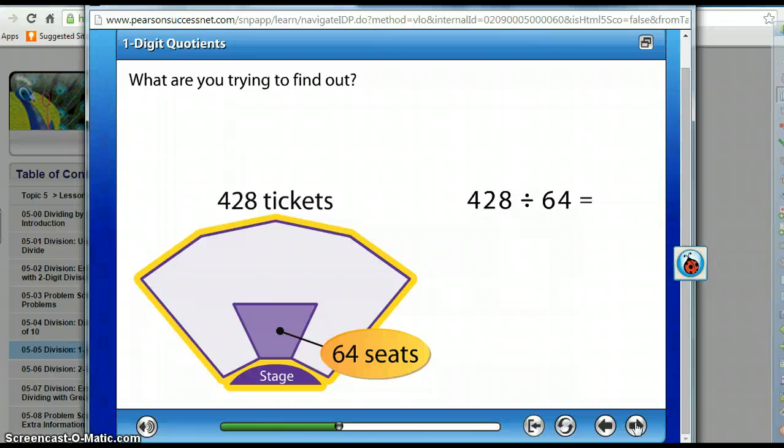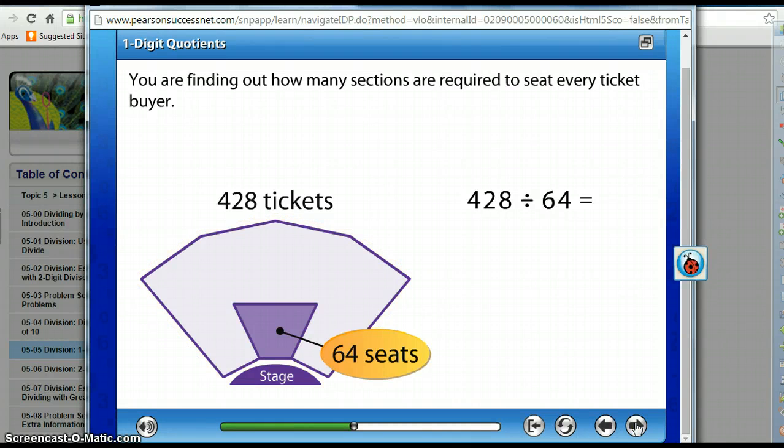How many seats are in the theater for the people? Okay. Corinne? How many groups of seats that they need? Okay. You are finding out how many sections are required to seat every ticket buyer.